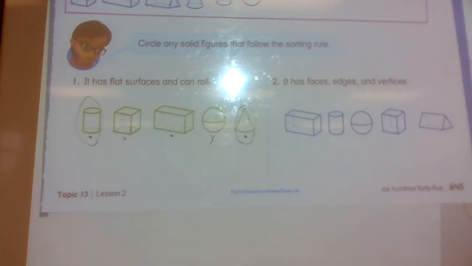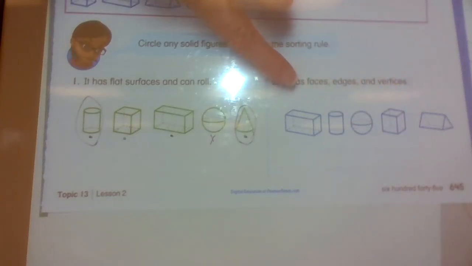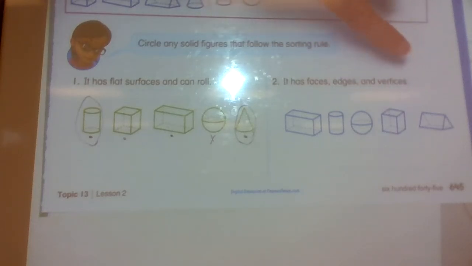All right, I want you to do number 2. It has faces, it has edges, it has vertices. Okay, do the first one. Go through and put a dot on the ones that have faces. Then put a dot on the ones that have edges. And last, put dots by the ones that have vertices. The ones that have all 3, those are the ones you circle.